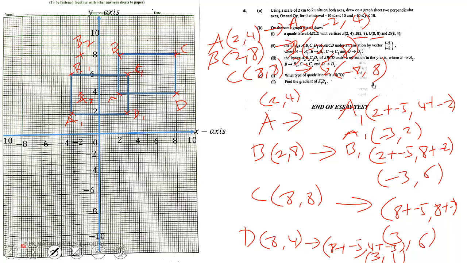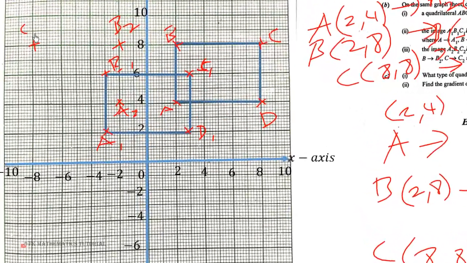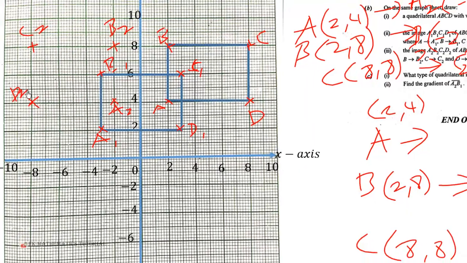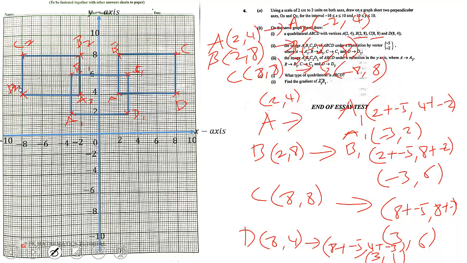So negative 8, 8 will be here. That is C2. And finally D2 will be negative 8, 4, which is here. D2. So we connect them and we have this.